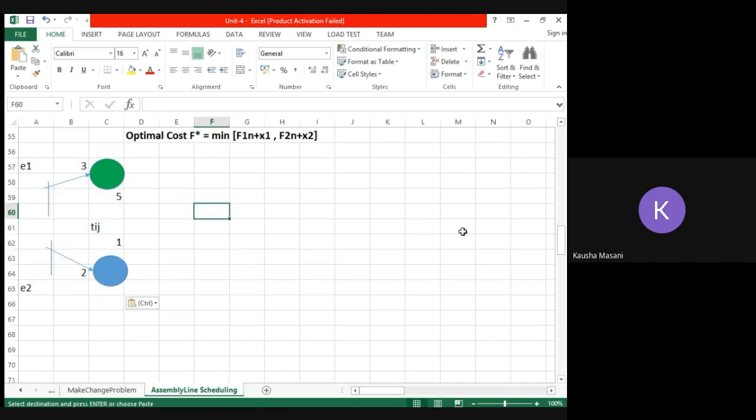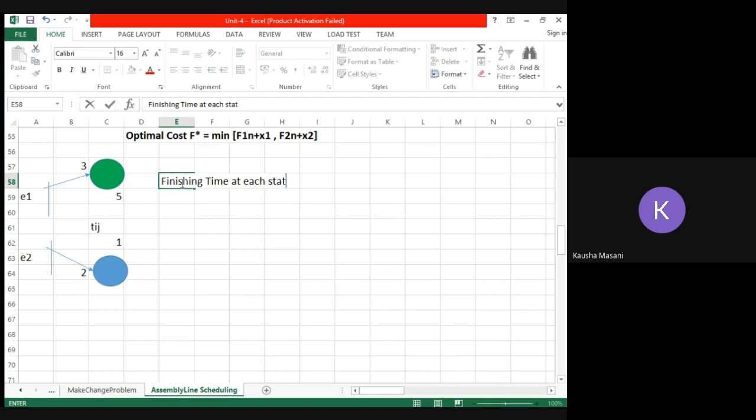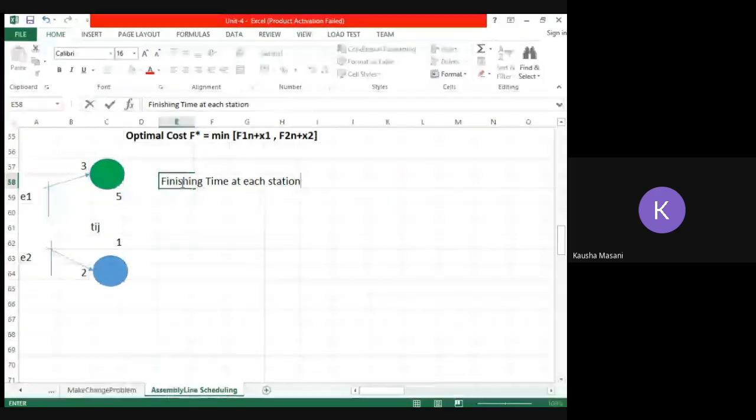This is your E1, the starting point, and this is your E2. Now, we are finding the finishing time at each station, for both the assembly lines.